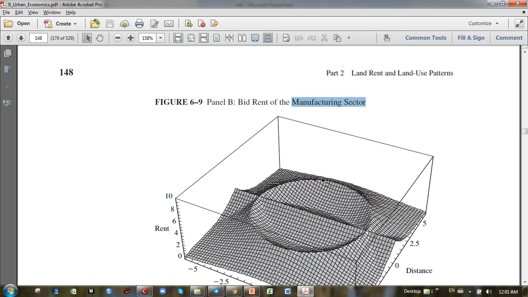Okay, this is the picture that shows manufacturing. Manufacturing normally demands land closer to highways and railways, because highways and railways are long distance, but an airport is only one place.